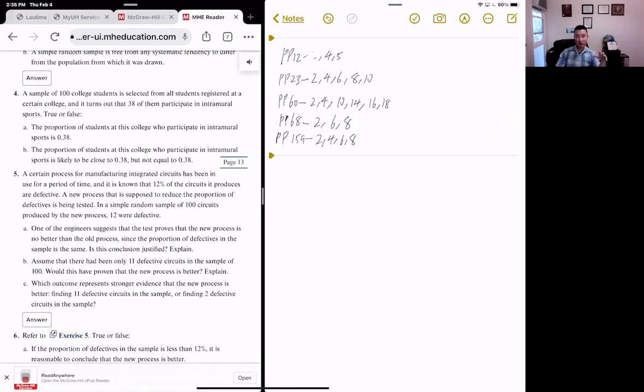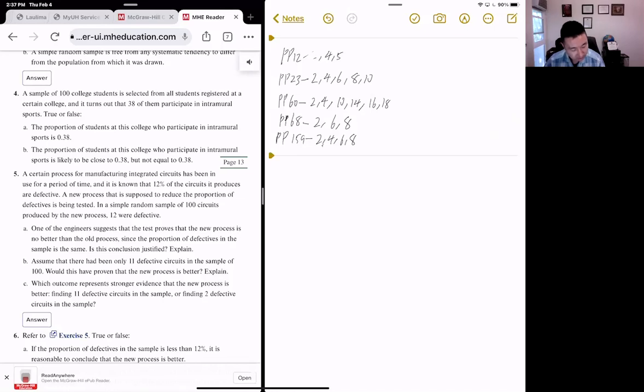So it's close to 38%, but not exactly. We're going to answer questions related to this in future chapters, like chapters 4, 5, and 6, such as confidence interval and hypothesis test.